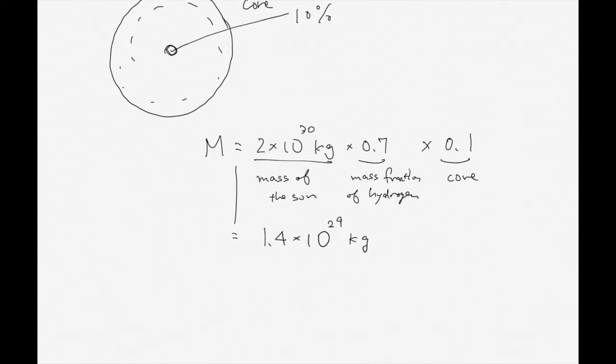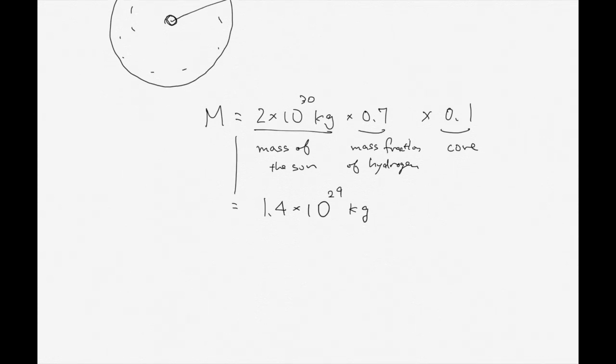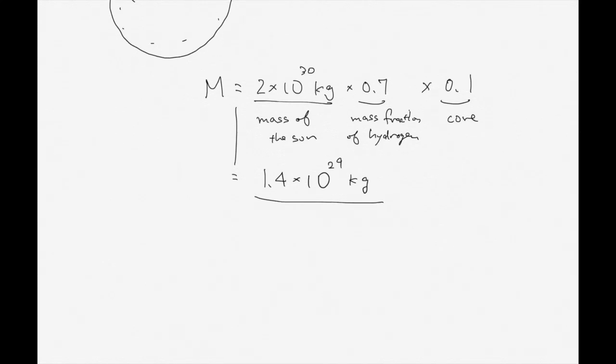Then we'd like to discover how much mass is consumed every second in the sun. We have already studied the PP chains. Do you remember the PP chains? I'd like to mention only the net result.